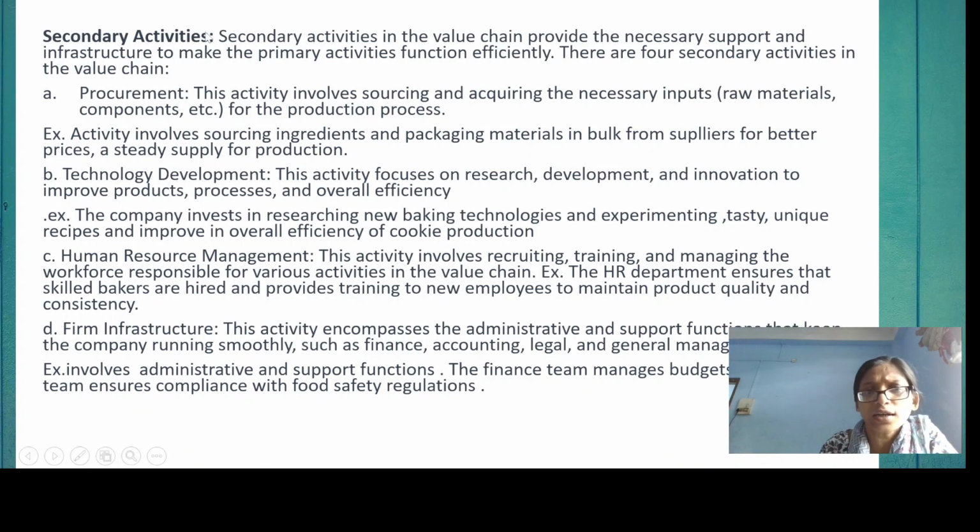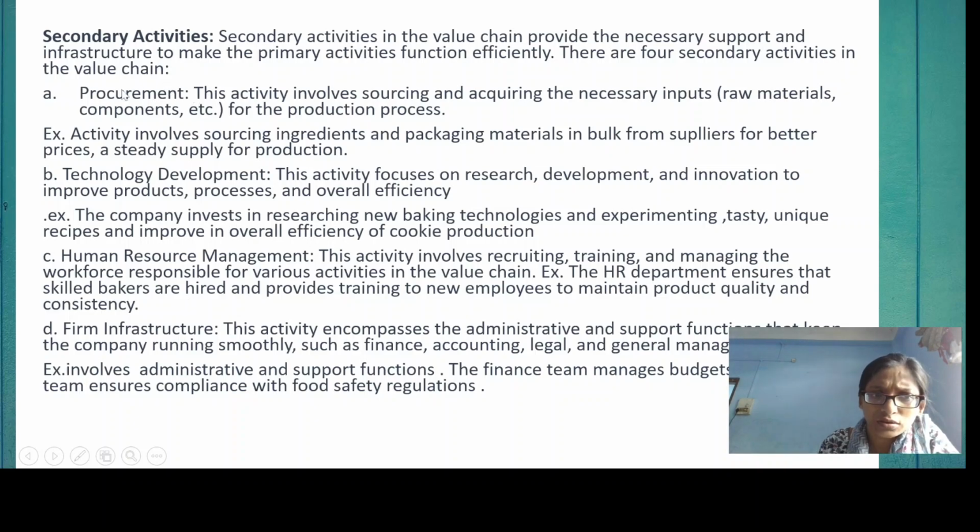Secondary activities, we have discussed that they are supporting our primary activities. It can be necessary support or it can be infrastructure. There are 4 secondary activities: procurement, technology development, human resource management, firm infrastructure.